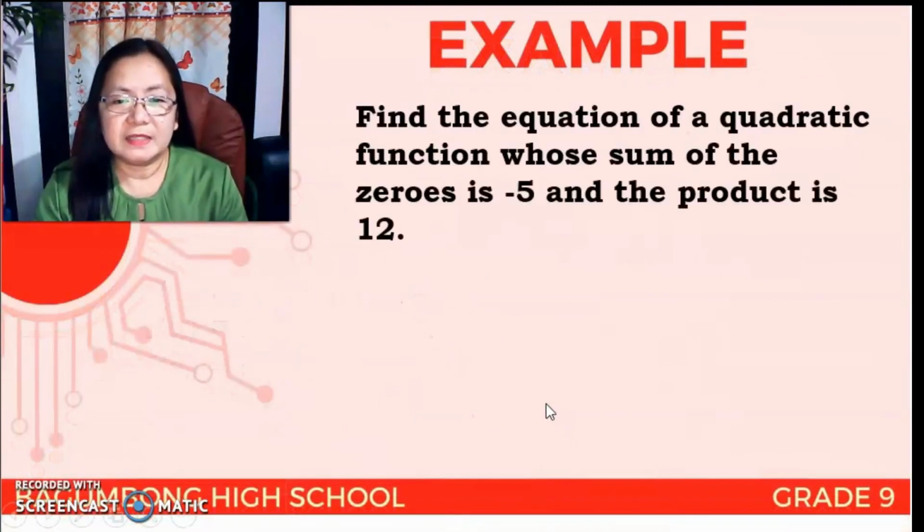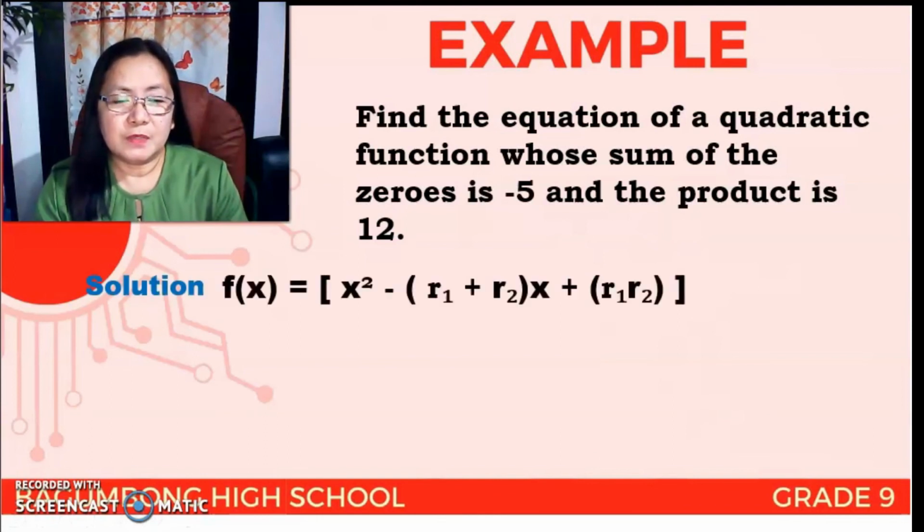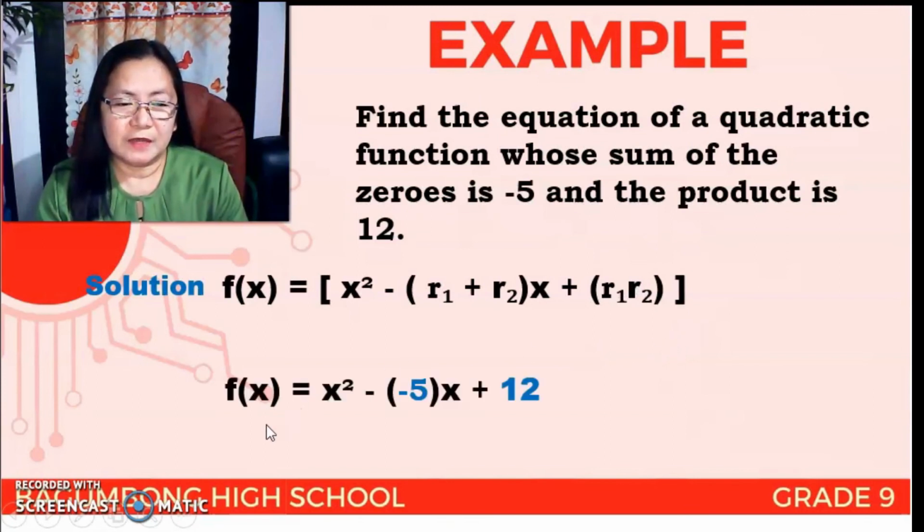Okay, this time given the sum and product of the zeros. The sum of the zeros is negative 5 and the product of these zeros is 12. What is the equation of the quadratic function? So we will use the equation f of x is equal to x squared minus the sum of the roots x plus the product of the roots for the zeros. So f of x is equal to x squared minus r sub 1 plus r sub 2, the sum of the roots, which is negative 5.